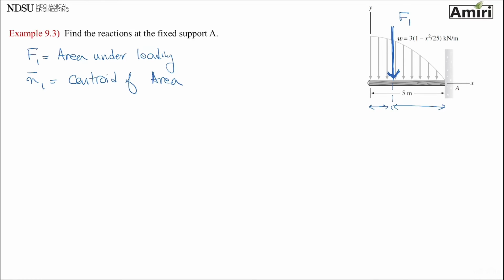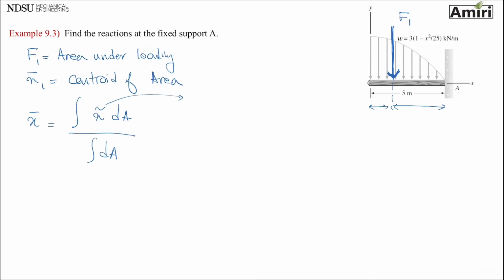Okay, so let's see. Let's just start with X bar because X bar has area in it already. So X bar is going to be integral of X tilde dA over integral of dA.